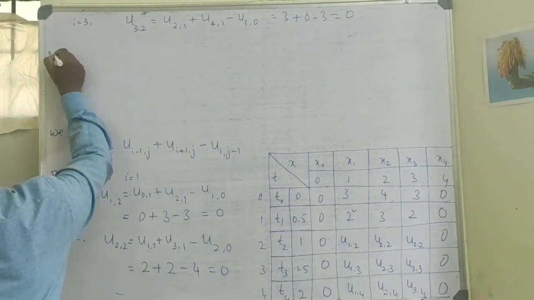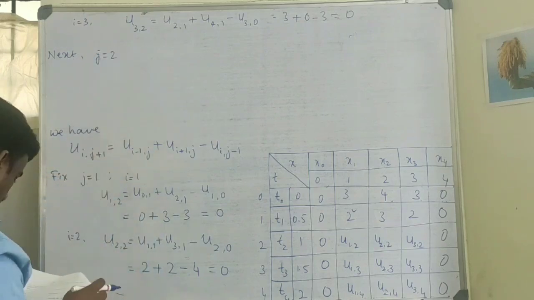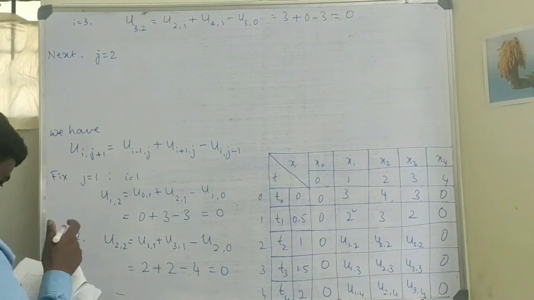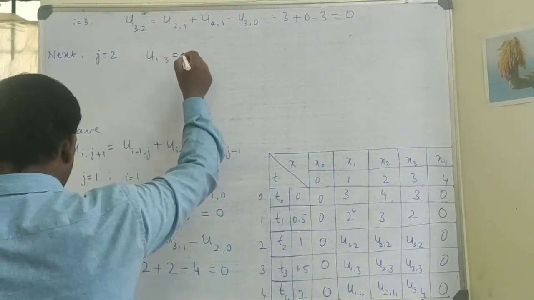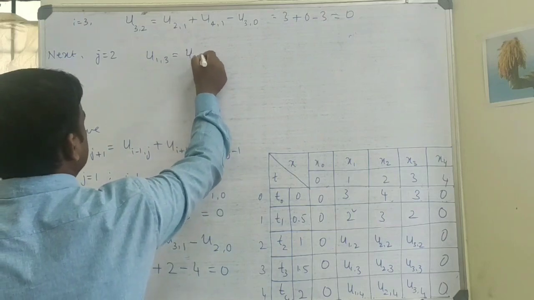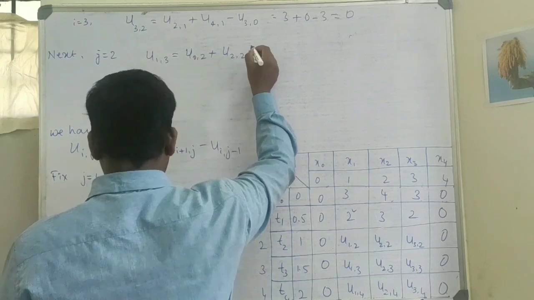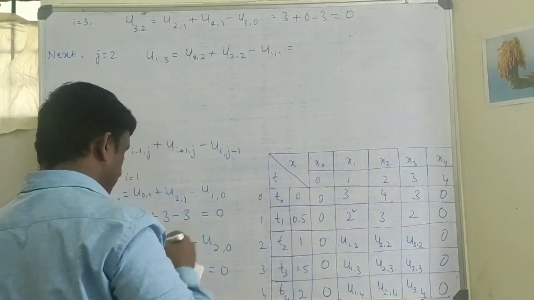Next, let j equal to 2. If I take j equal to 2 and vary the values of i, you get u(1,3) equal to u(0,2) plus u(2,2) minus u(1,1). That is, you get minus 2.